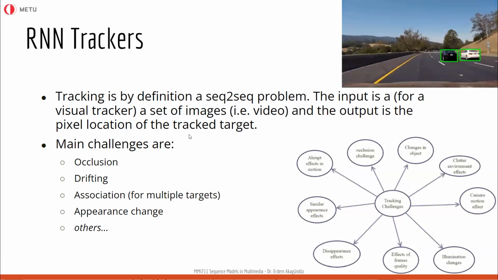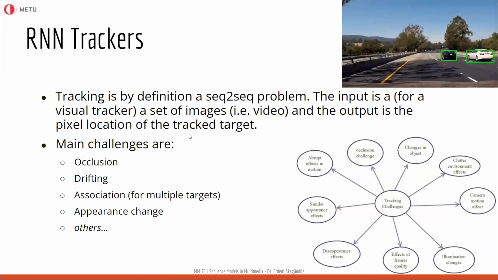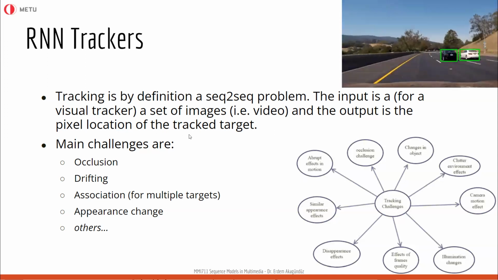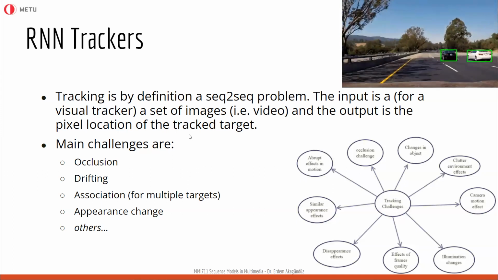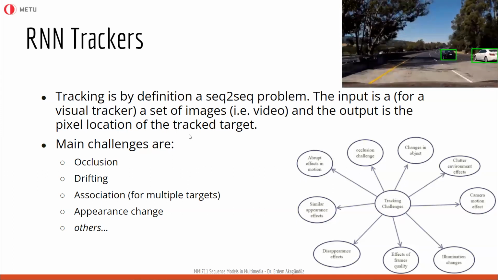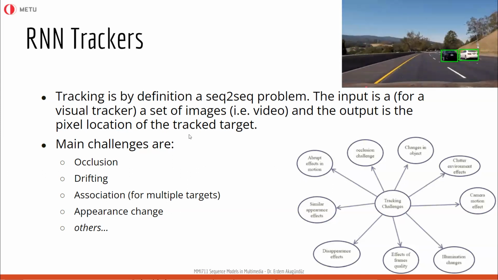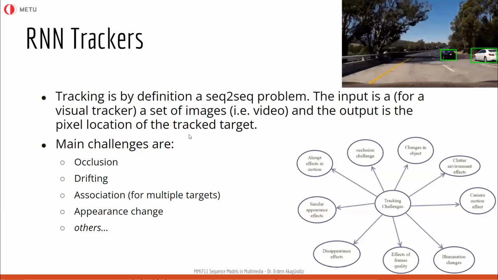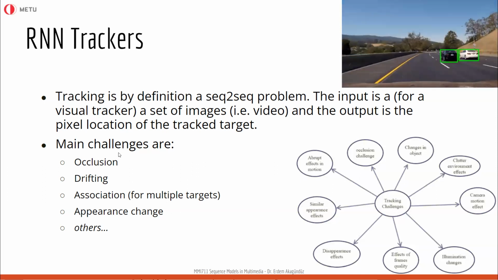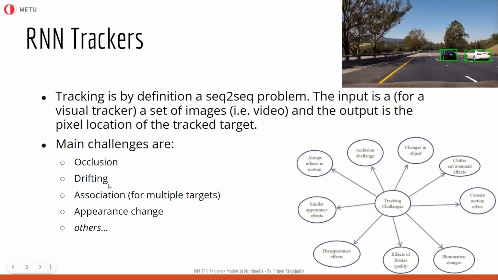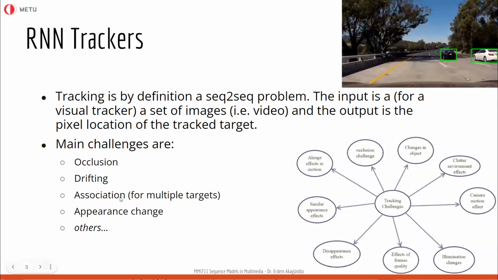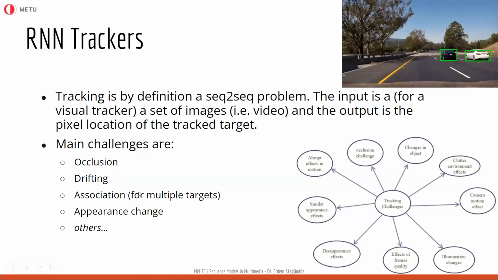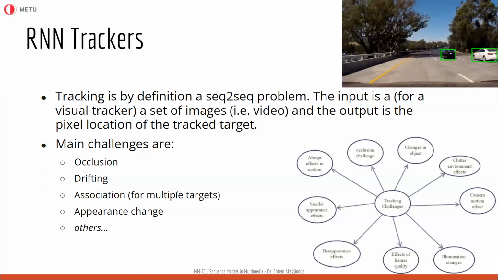Since this problem has been studied profoundly, those who worked on it are aware of its challenges. The main challenges are occlusion, drifting, association, which I'm going to talk about, and appearance change. These are the four main problems, but there are other problems as well.